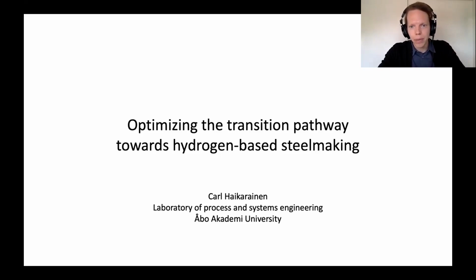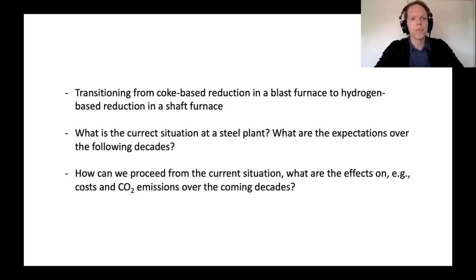So I'll start by giving a brief overview of first the traditional coke-based reduction, and then this hydrogen-based reduction as a potential future possibility. And then I'll explain the motivation and idea behind this optimization model that we have, and then I'll give some example solutions and show how we can use those for some analysis.